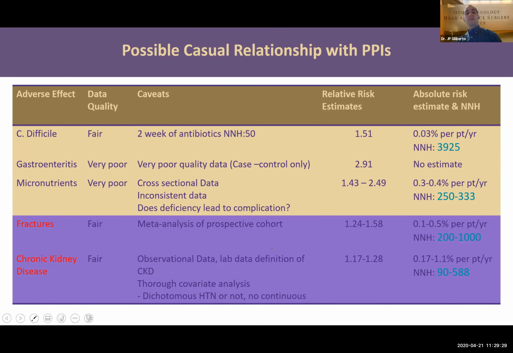For some of the other relationships, we've already touched on some of these topics. We've talked about how C. difficile has some good data.